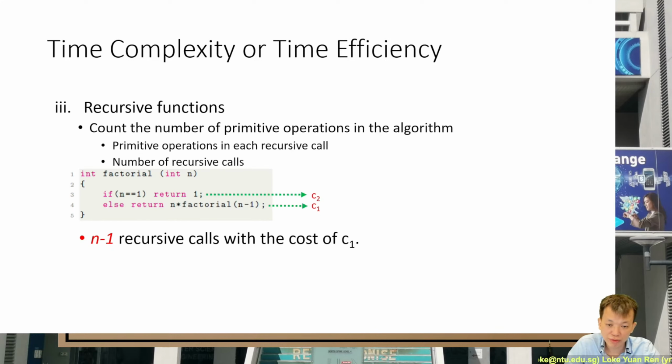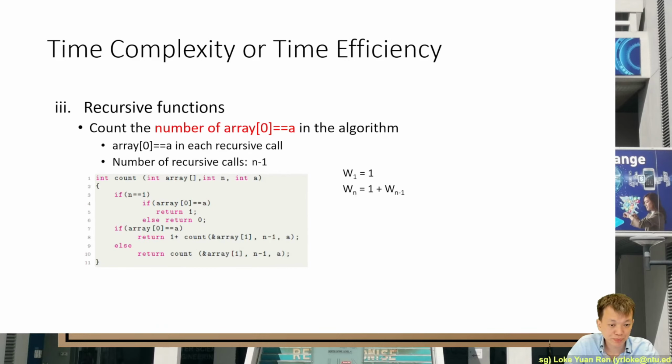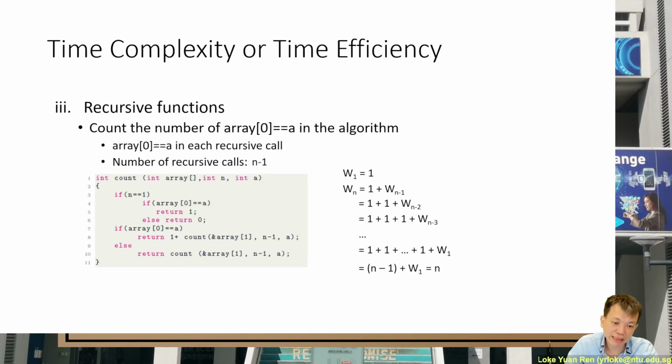You will find that a lot of the time, the mathematics knowledge you need is series, because this example is relatively simple. Always you have only one primitive operation, or in this question, I only consider a particular primitive operation, which is this comparison. So not surprisingly, every recursive call you only do one.